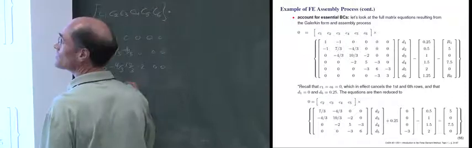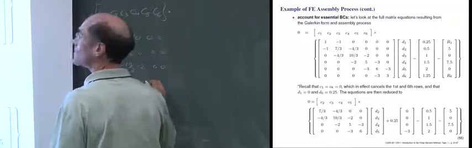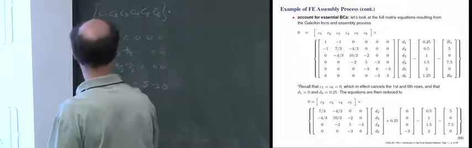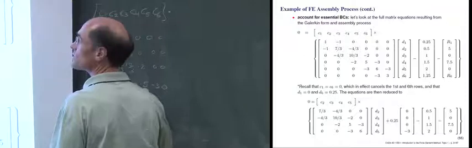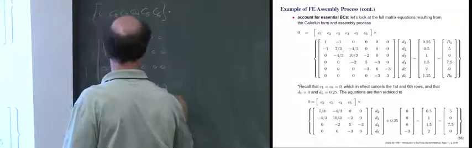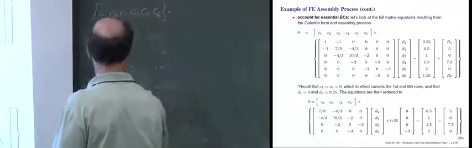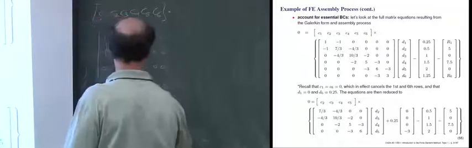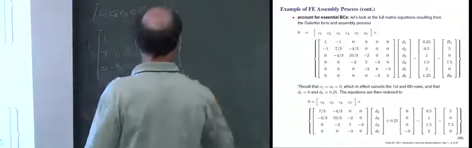This is the most detailed one. 0, 0, minus 2, 5, minus 3, 0, 0, 0, 0, minus 3, 6, minus 3, and then one more column, 1, 2, 3, 4 zeros, minus 3, 3. All right, so there's my K.